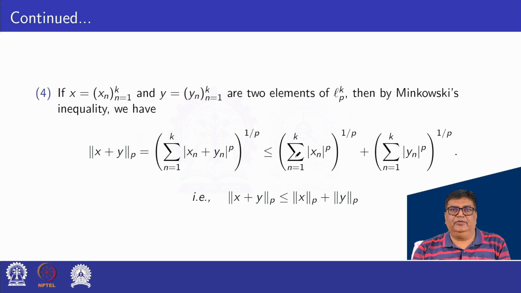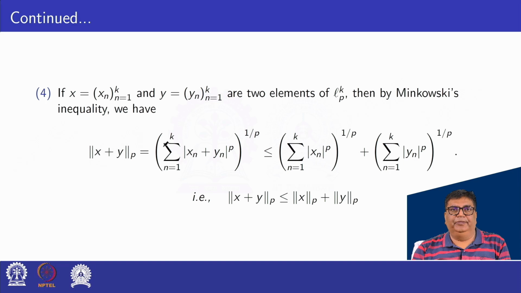This is less than or equal to the summation n equals 1 to k |xn|^p, whole power 1 by p, plus the summation n equals 1 to k |yn|^p, whole power 1 by p. So the norm of x plus y under p is less than or equal to the norm of x under p plus the norm of y under p, when x equals xn, n equals 1 to k, finite dimensional.